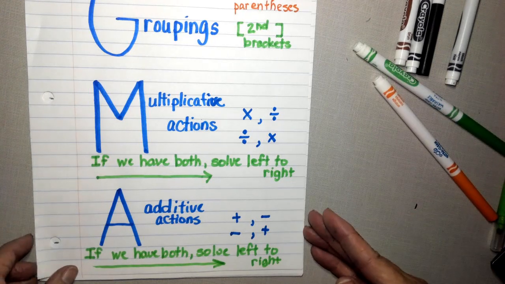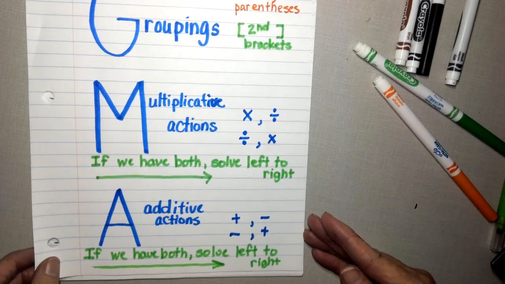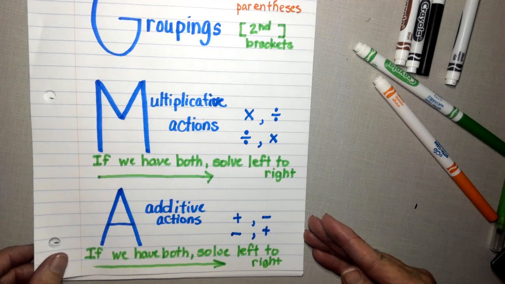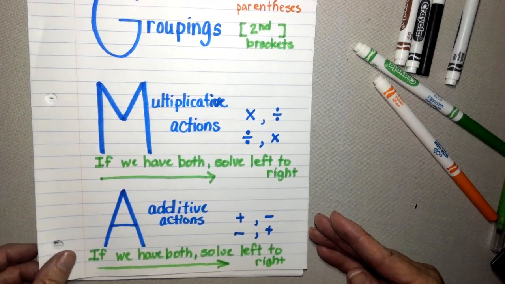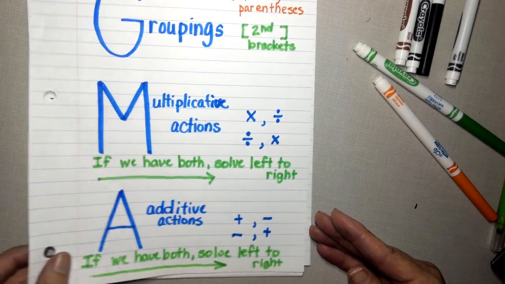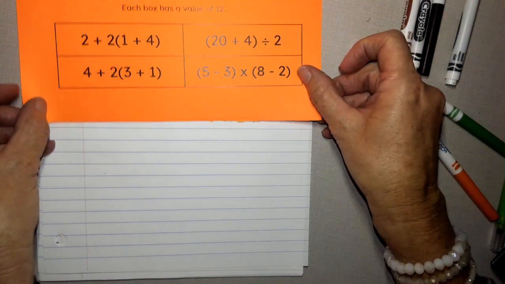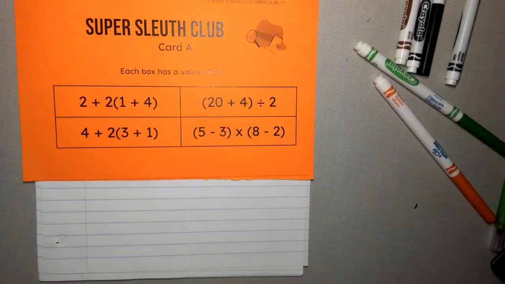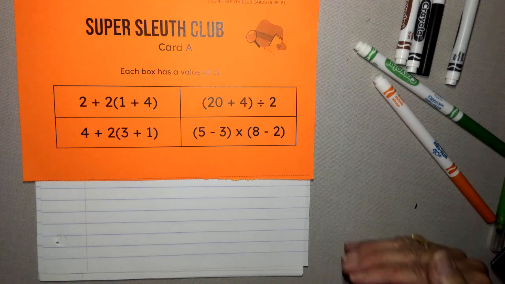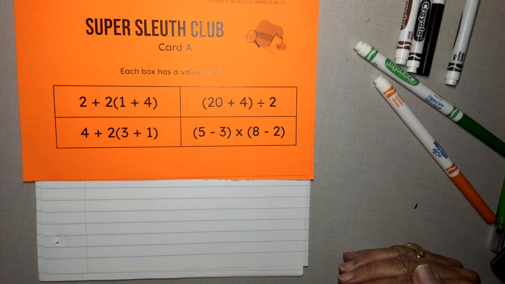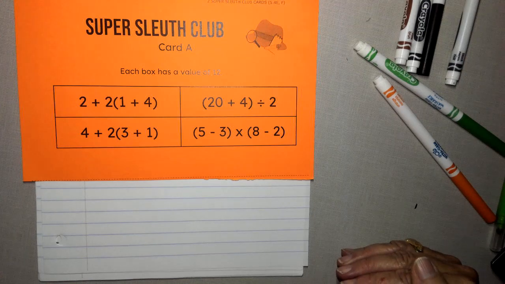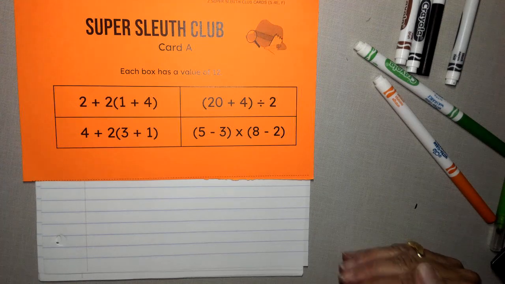So what I'm going to do now is I'm actually going to solve an expression or two for you. I'm going to go ahead and put that in your notes so you can turn the page. And I'm going to solve a couple from the Super Sleuth Club. So I'm going to go ahead and stop this video and I'm going to record each one of these so that you have some examples to put in your notes, especially if you are absent and you are tuning in from home.